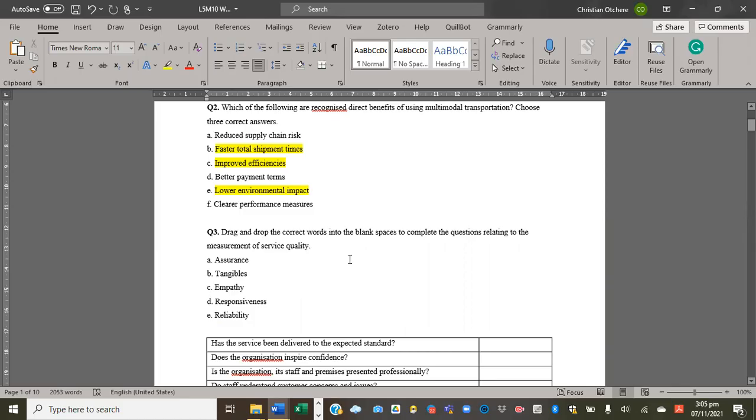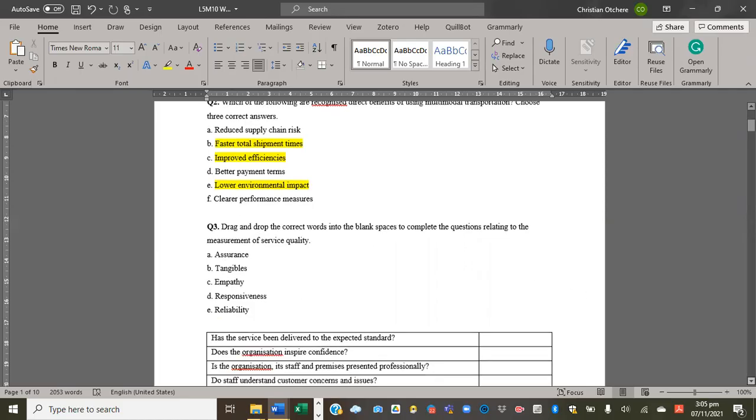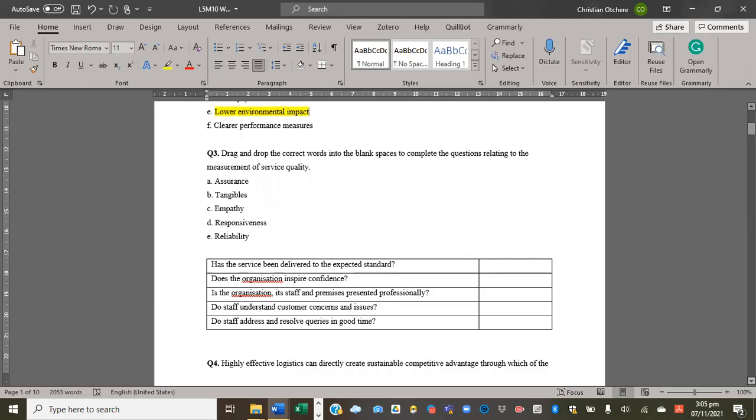Okay, so question 3. Drag and drop the correct words into the blank spaces to complete the questions relating to the measurement of service quality. So we looked at customer service. How do we measure service quality?